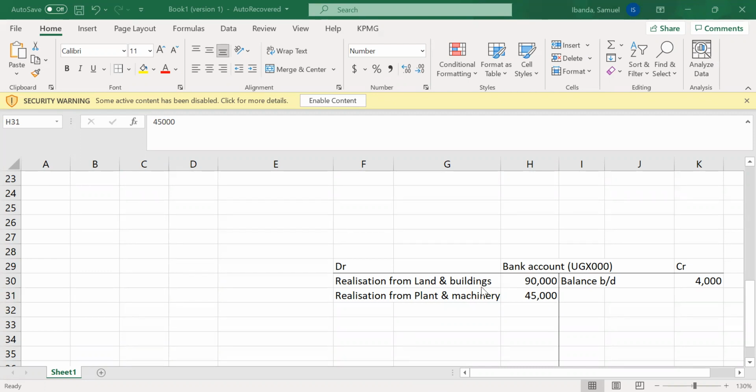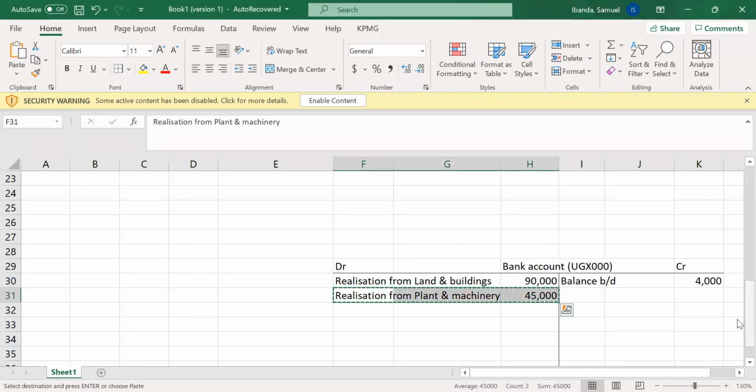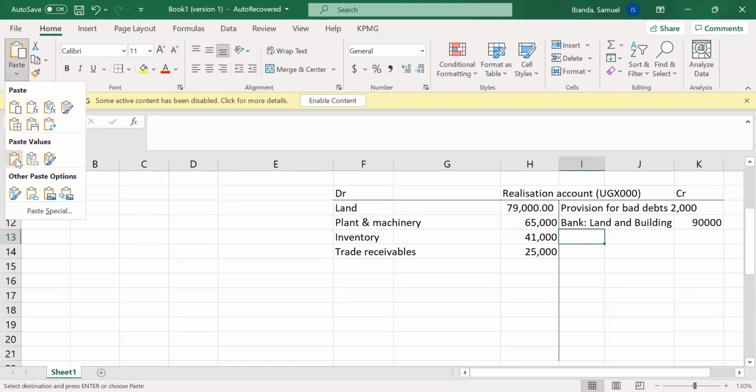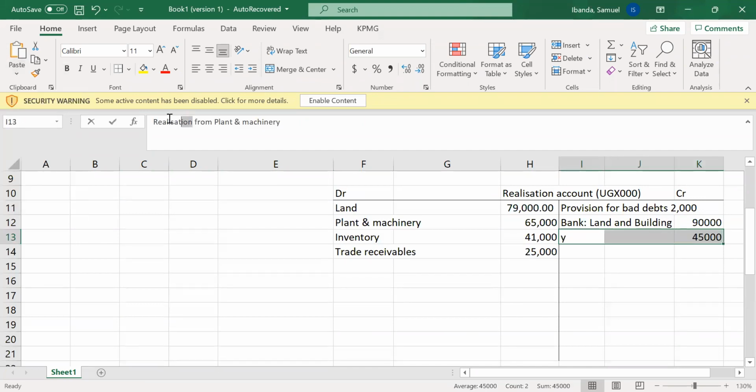All right, so the same thing with plant and machinery, you still transfer this to here. So I'll come here, but this I'll call it bank because it's the alternative account. Bank, plant and machinery.